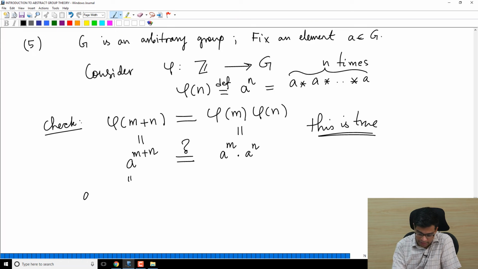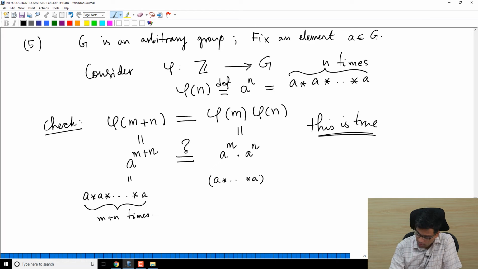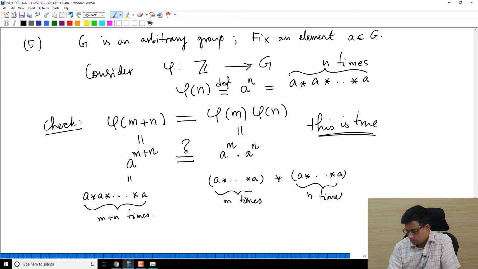What is this? This is A star A, m plus n times. And this is, first I will do A star A, m times, and then I do star. Note that I am using dot and star interchangeably here. In the second we have n times. So we have A star A, m plus n times, and here m times and then star n times.